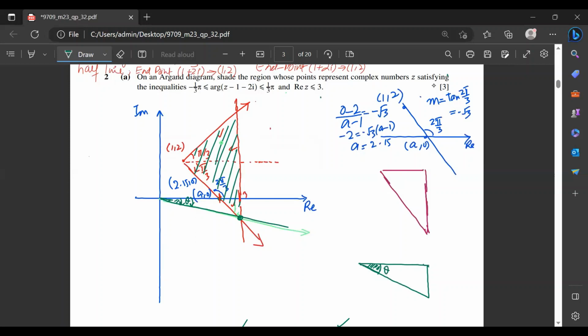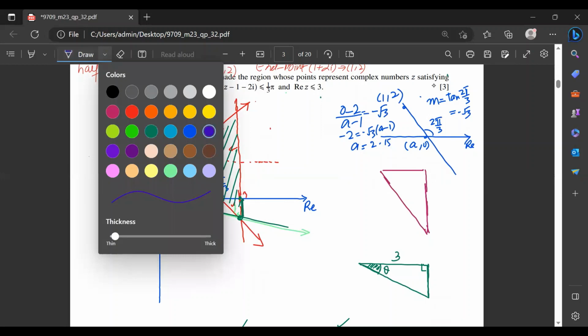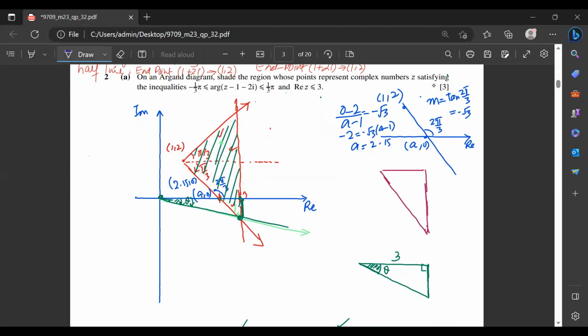For theta, we have a right angle triangle. For this right angle triangle, the length from this end to this end is 3. If this opposite side is given, you can easily find the angle, but without knowing this side, you can't measure the angle. For this, you can recall basic trigonometry. We have this triangle, this angle is pi over 3.